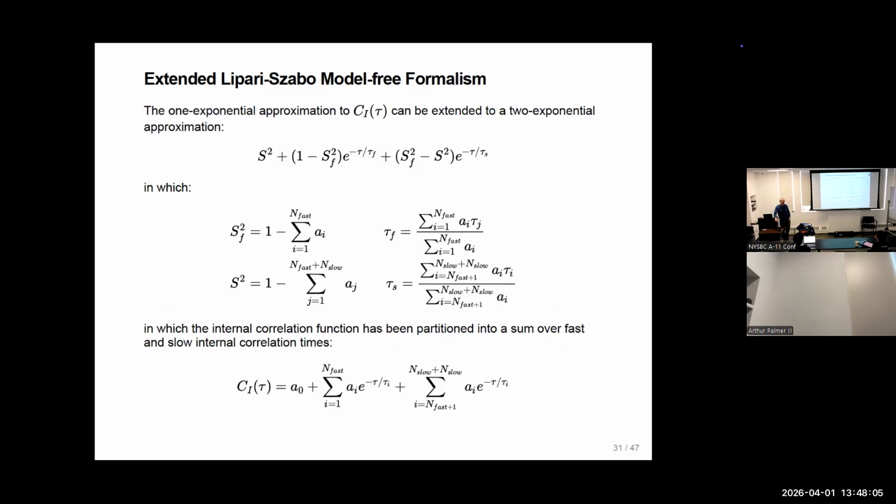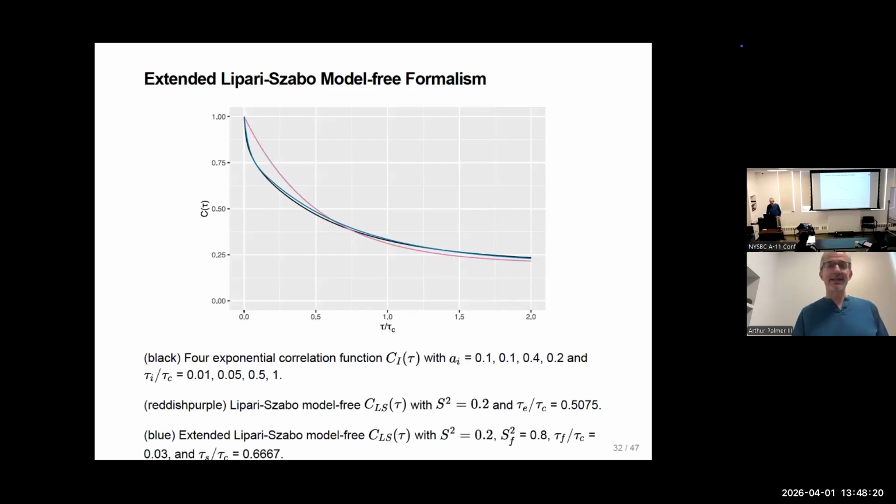I could have written this as A0 plus A1 times an exponential plus A2 times an exponential. But usually people manipulate this to look like order parameters again. So that's the expression. And again, now, if I show that graph, you can see this fits the 4 exponentials much better. There's now a term that can fit the fast decay as well as a term that can fit the slow decay.